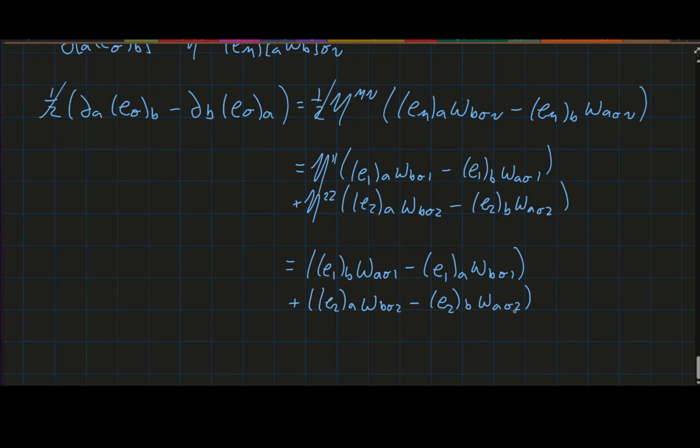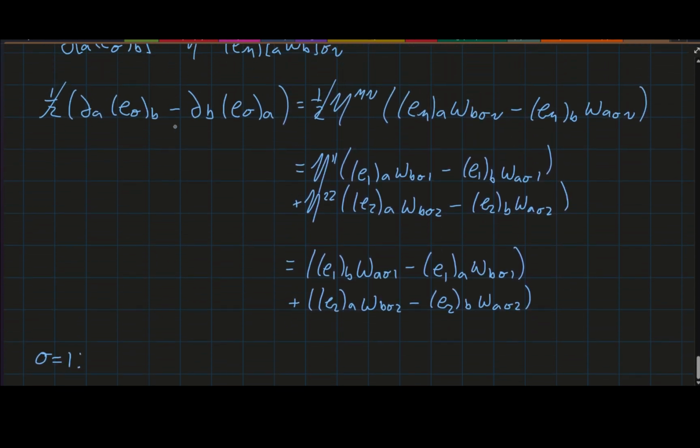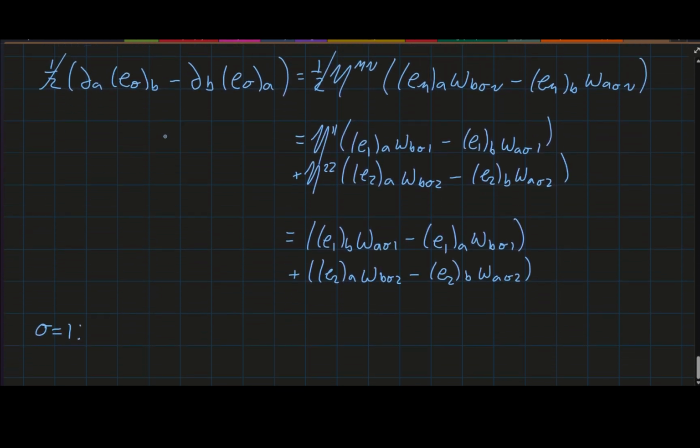So we can consider cases now to think about how this is going to work out. So let's consider first sigma equals 1. So with that, we can rewrite everything here.